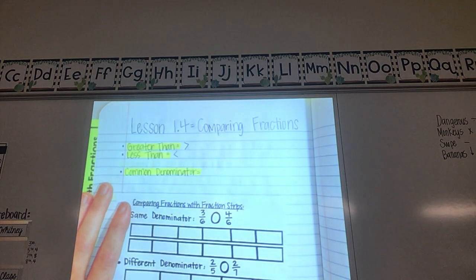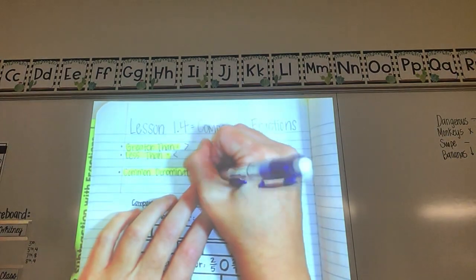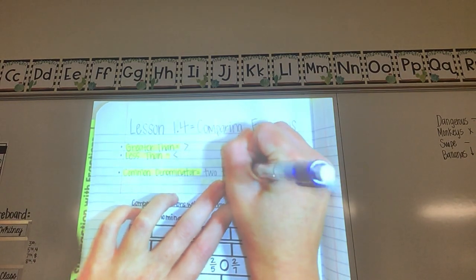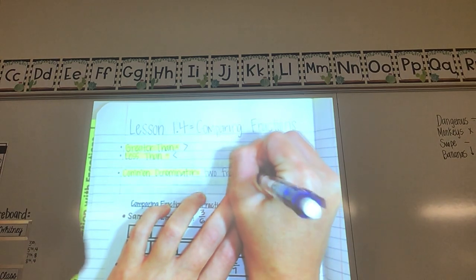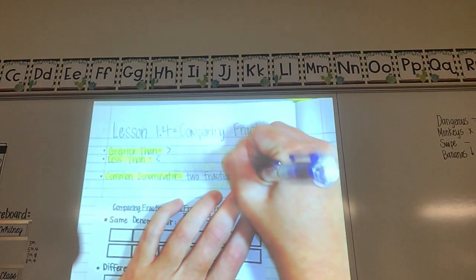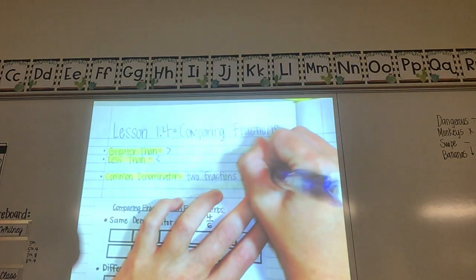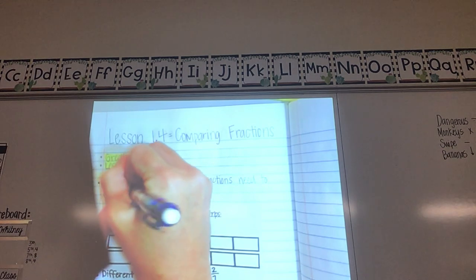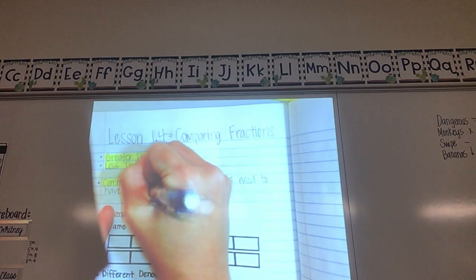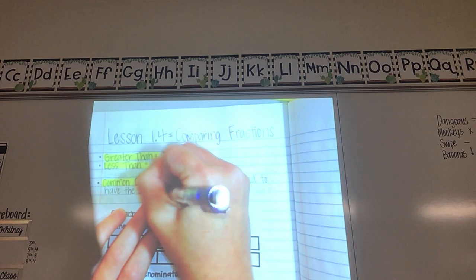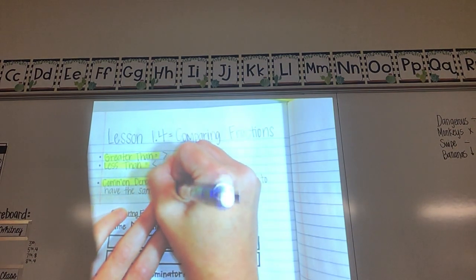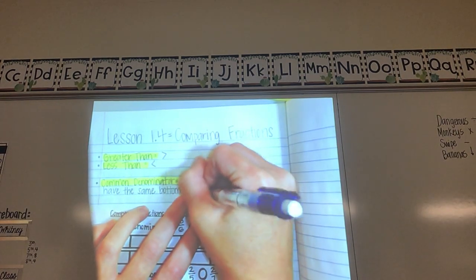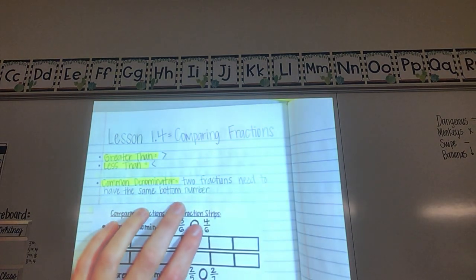So in order to have a common denominator, two fractions need to have the same bottom number. So two fractions have a common denominator when they have the same number on the bottom.